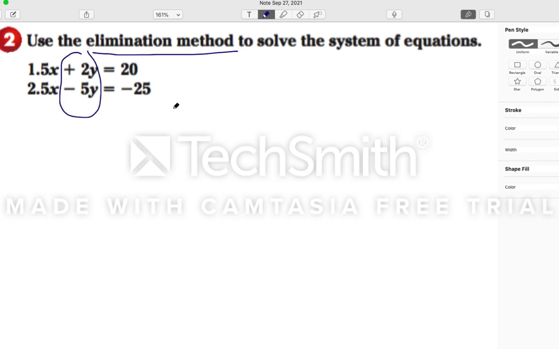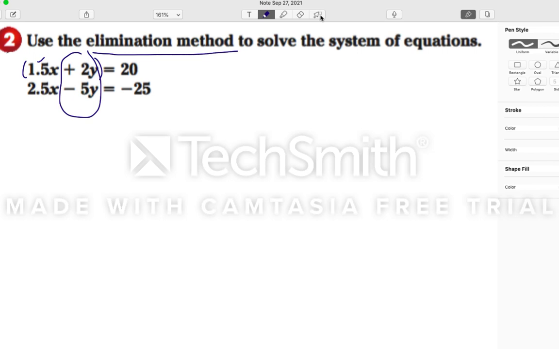And we do this by multiplying the top equation and the bottom equation by a number that is going to turn the coefficients into, what do we call them? Additive inverses. So I'm looking at these, the signs are already different. So I can make this first equation have a y coefficient of 10 by multiplying this first equation by 5.